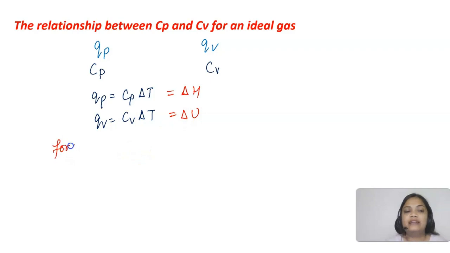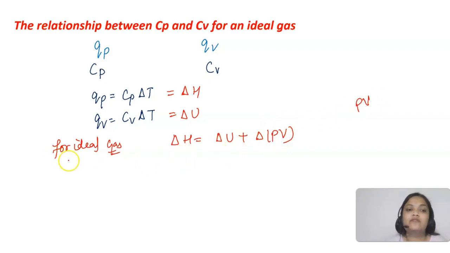Now for an ideal gas, we have just discussed that delta H is equal to delta U plus delta PV. Here we are taking 1 mole of an ideal gas, so keep that in mind. So PV is equal to RT, and instead of delta PV, it will be delta RT.